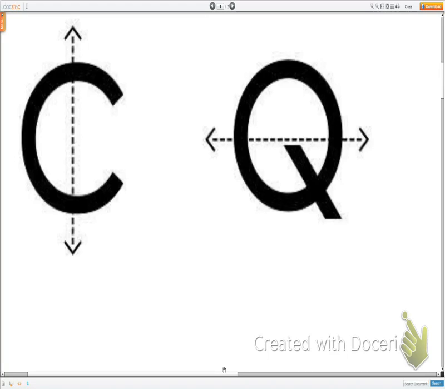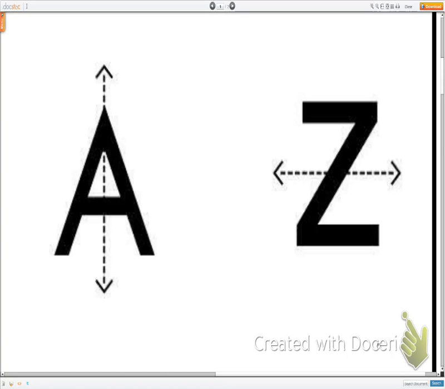So you would write down a yes or a no. So copy down the letters and the dashed lines right there and right there, and then write down yes, that is the line of symmetry, or no, that is not the line of symmetry. And do the same thing for the letter A and the letter Z. Are those dotted lines the lines of symmetry? Remember to pause it and go back into the tutorials if you're not sure.